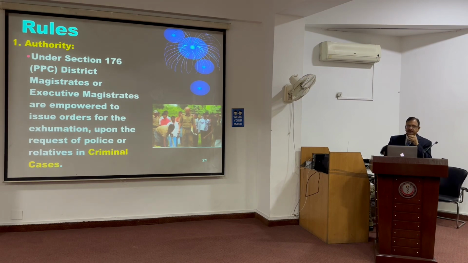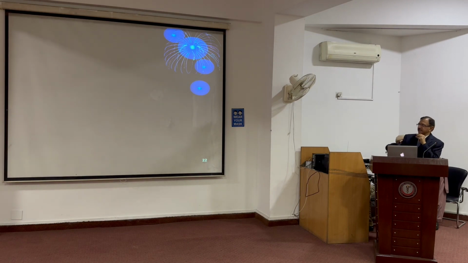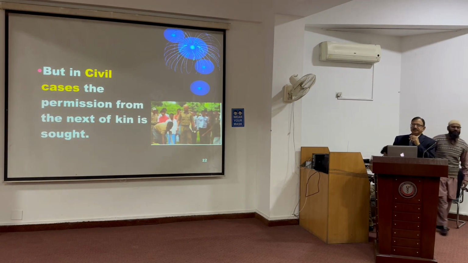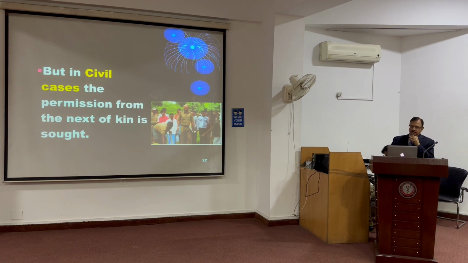The district magistrate or executive district magistrate is empowered by this law to issue orders for exhumation upon the written request of the relatives, the legal heirs, the police, or the court. Usually these are criminal cases. But in civil cases, the permission of the next of kin, the blood relatives or legal heirs, is necessary.